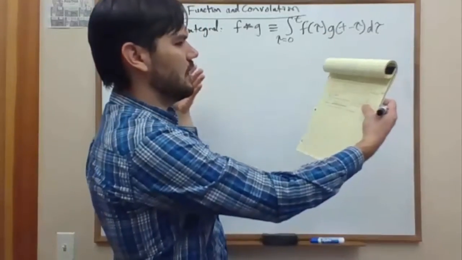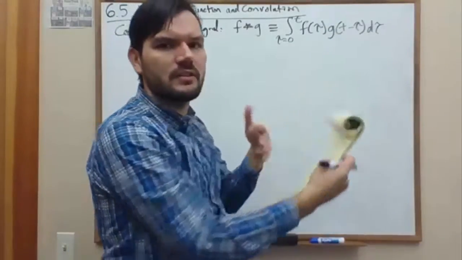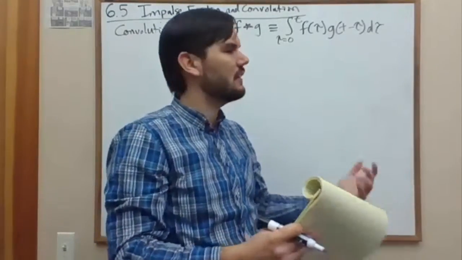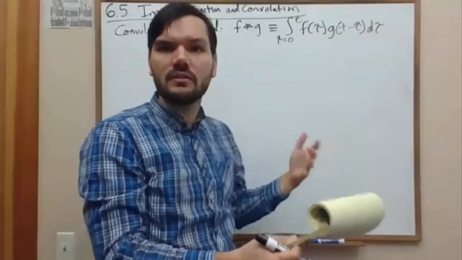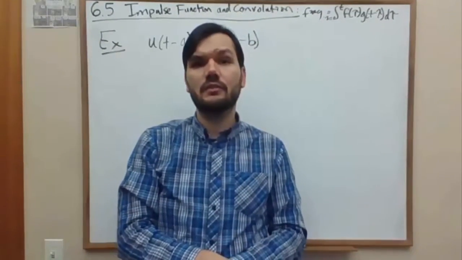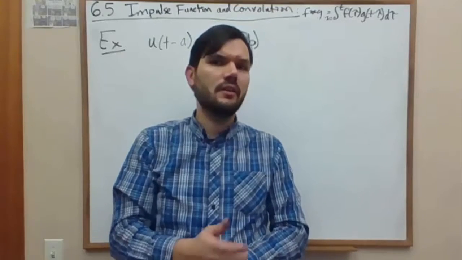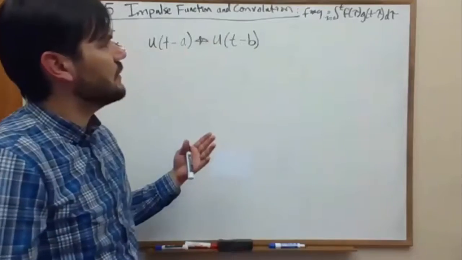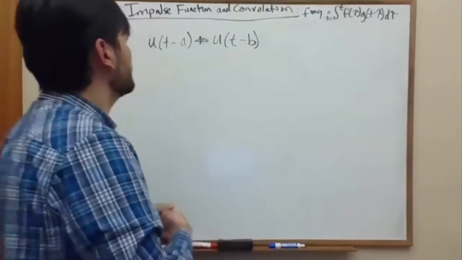So we're basically overlapping two functions and seeing what comes out of that, what area comes out of that convolution of these two signals, in a sense. Here's an example of a convolution of two unit step functions. While the unit step functions are fairly basic, this gives a good visual for how the convolution works.